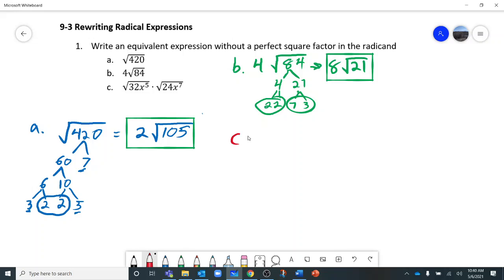But what I'm going to do is see what I can get from the 32x to the 5th, and I'm going to see what I can get out of my 24x to the 7th, and then see if anything else will come out. It's probably more efficient to multiply them together first, but I don't know.